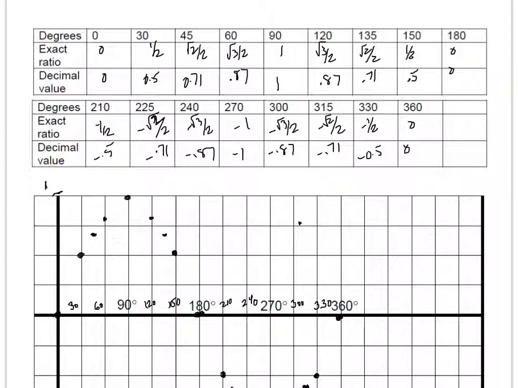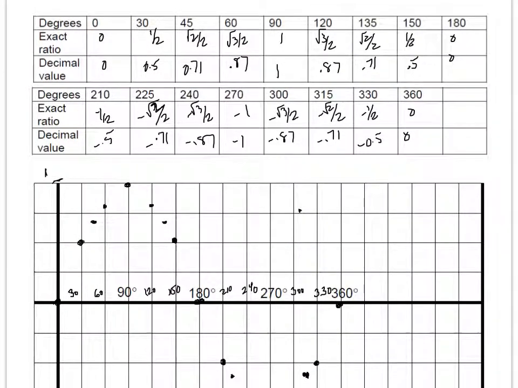Now, going above 90, I'm going to use the unit circle. Just for 120, I'm going to show you, if you don't remember this one, the unit circle. Then 120 is going to be 30 degrees here and then 90 here, so this is 120.